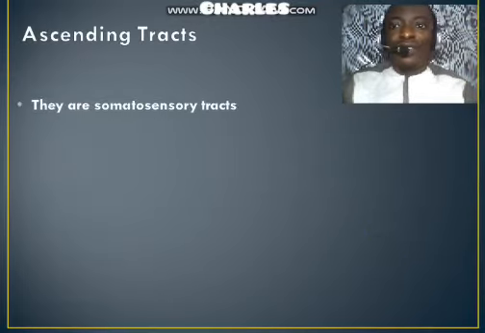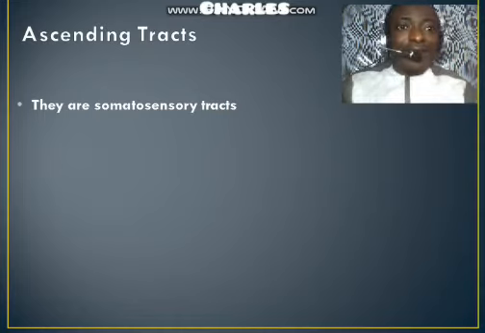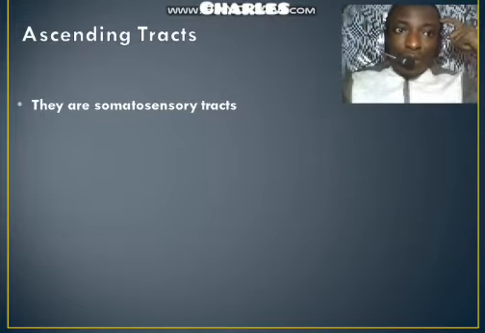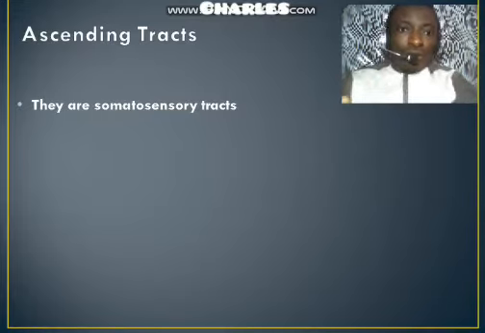Going forward, ascending tracts are somatosensory tracts. Somatosensory simply means they carry sensory information to the somatosensory cortex. The somatosensory cortex is found at the parietal lobe of the cerebral cortex. So they are sensory tracts. It means that if I touch you, you feel it.